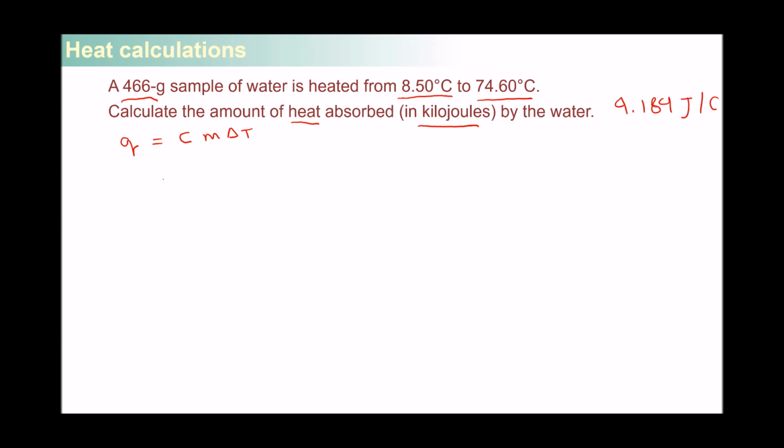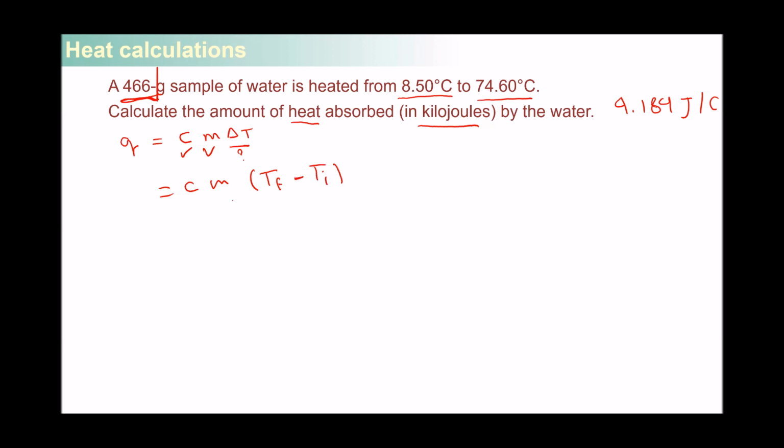So we already have the specific heat capacity for water, which is a constant, and we have the mass. All we need is the change in temperature. That is c times m times the final temperature minus the initial temperature.